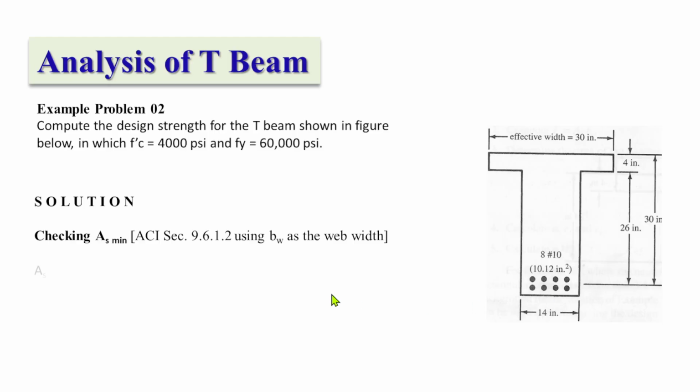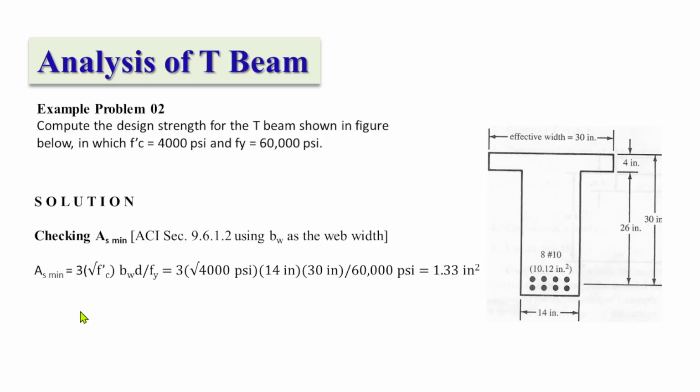The first criterion for the minimum reinforcement is 3 times the square root of the strength of concrete, times bw d over Fy, which is 3 times the square root of 4,000 psi times 14, the width of the web, times 30 inches over 60,000 psi, the strength of steel. That is equal to 1.33 square inches.